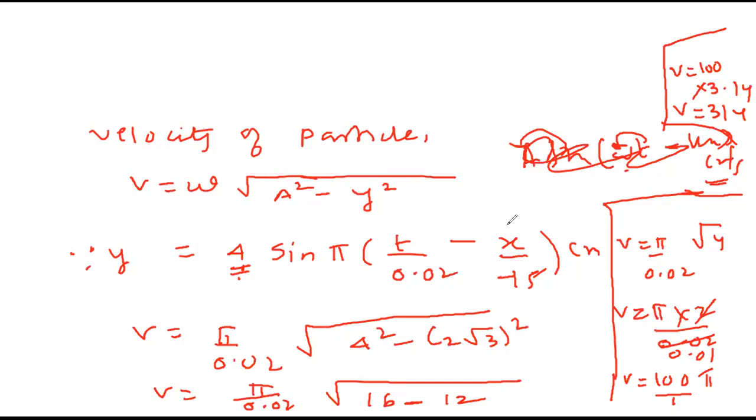Next sum. The frequency of a tuning fork is 256 Hertz, and the velocity of sound in air is 350 meter per second. Find the distance covered by the wave when the fork has completed 16 vibrations. The tuning fork has frequency 256 Hertz.